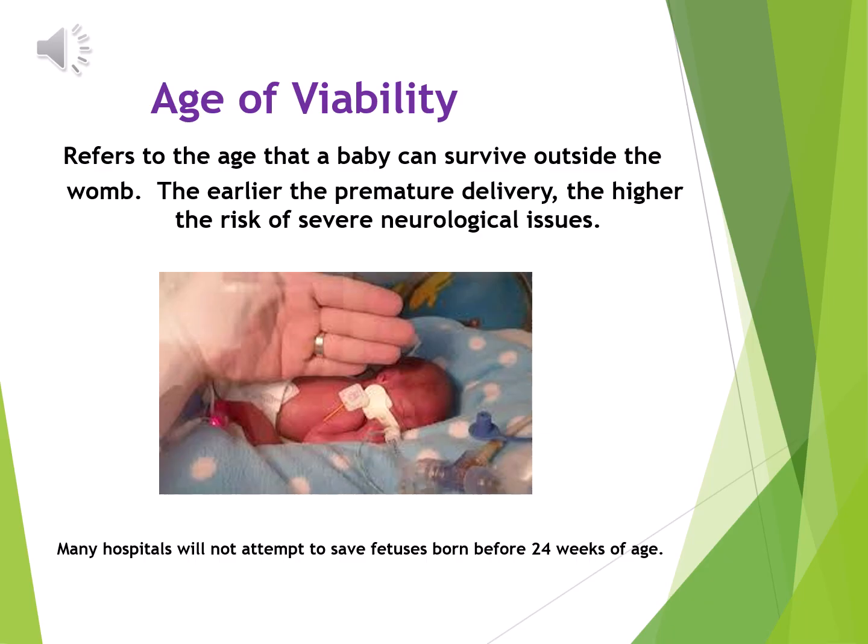Let's consider the age of viability. This is the age that the baby can survive outside the womb. Do you know which particular organ is most involved in this survival or lack thereof? Maybe you're thinking brain or heart, but actually it would be the lungs. There's a dramatic difference in viability between week 23 and 24.